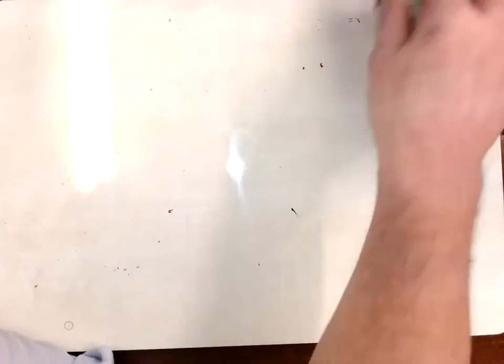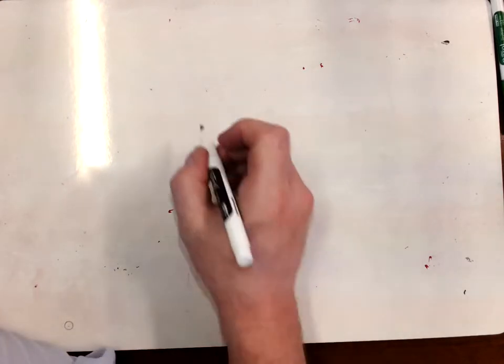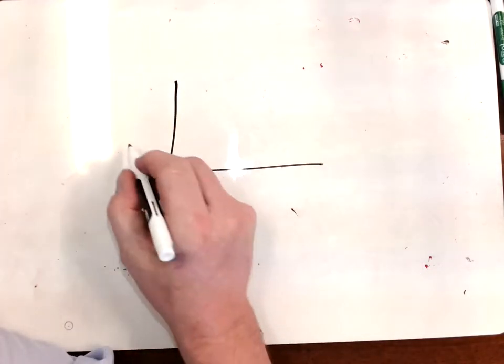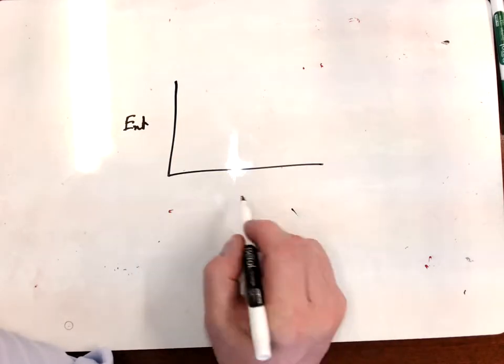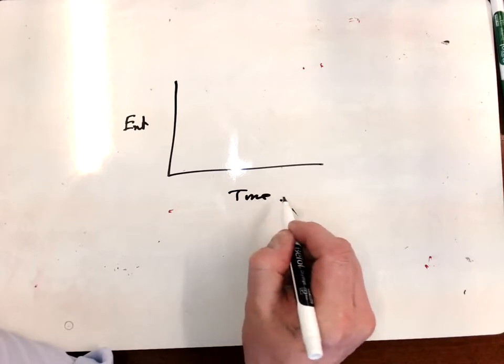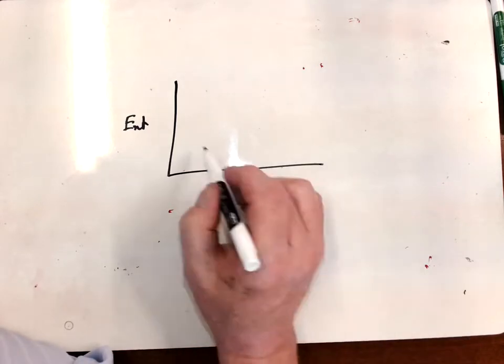The last thing we'll look at then is if I was to add a catalyst to the reaction. So if we look at an energy profile, here we have enthalpy, and here we have time, let's say in seconds.